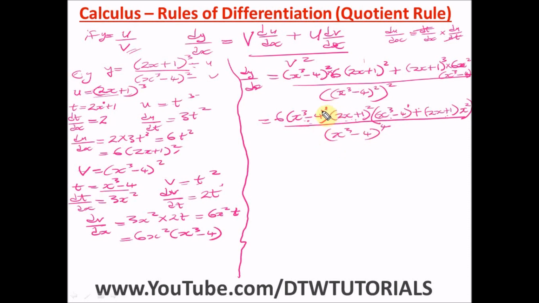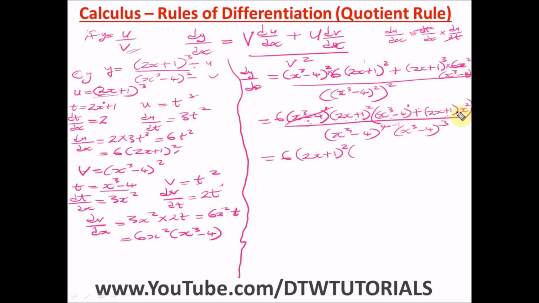Remember indices, when you cancel, it's 4 minus 1, so we're left with (x^3 - 4) raised to power 3, since we've cancelled this. So what are we left with? We're left with 6(2x+1)^2.